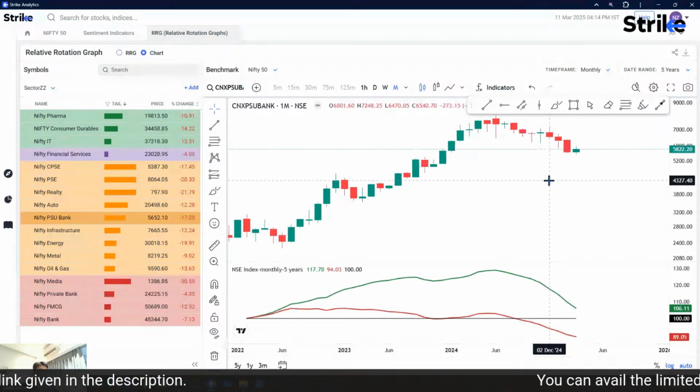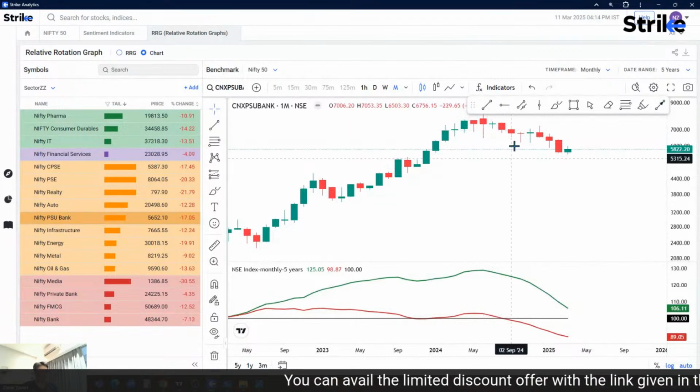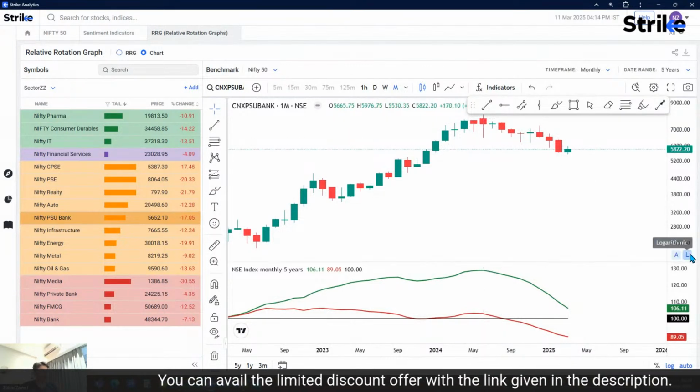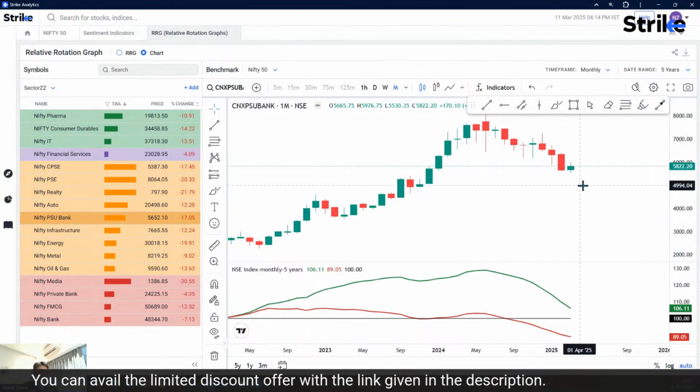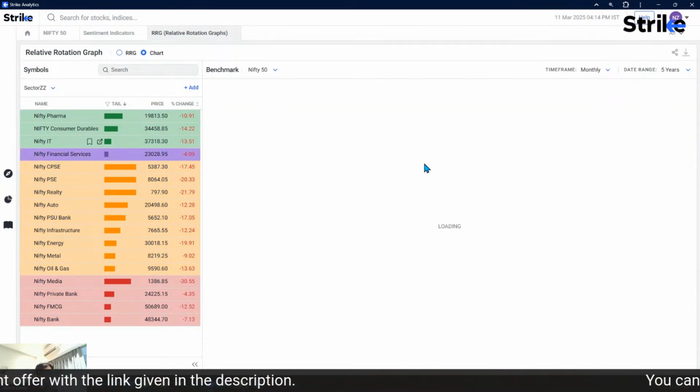And if you also want to look at it in a different way, I'll show you how to check. Both have come down, but PSU Bank has come down more than financial services have.